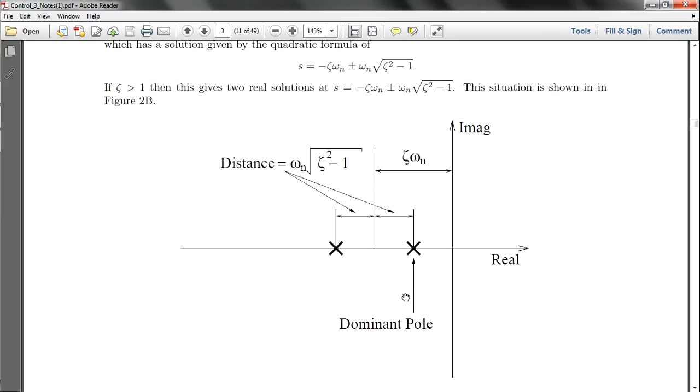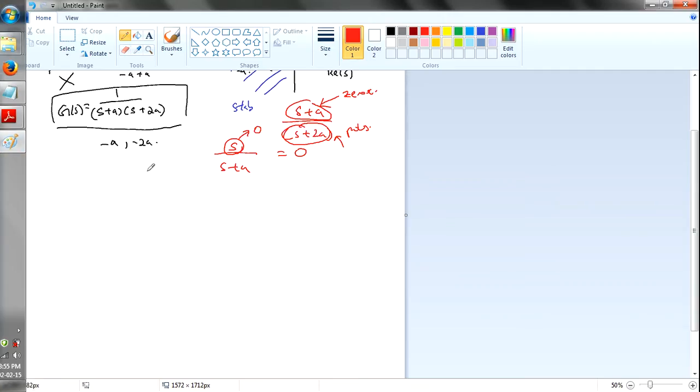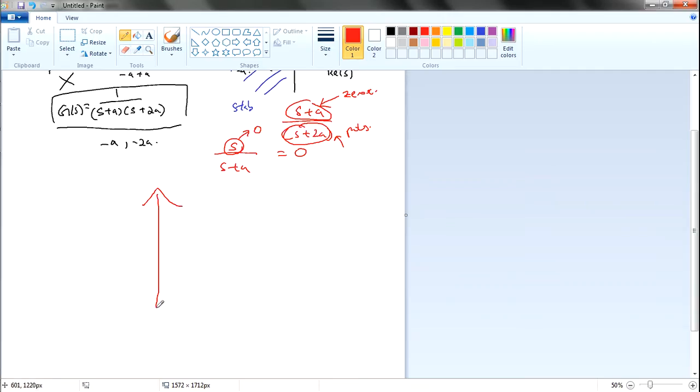That's called dominant pole and non-dominant pole. The difference is that the dominant pole will decay slower. Let's say this is the non-dominant pole, it decays very fast. For the dominant pole, it decays kind of slowly.